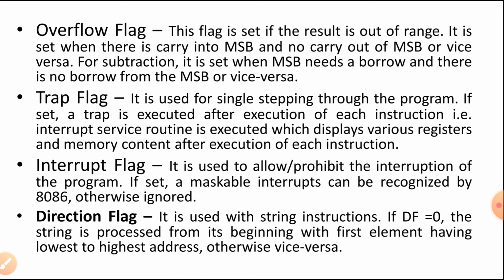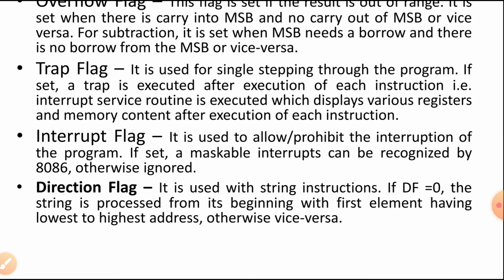This facility is given with the help of this flag. If it is set, a trap is executed after the execution of each instruction, and an interrupt service routine is executed, which displays various register and memory contents after the execution of each instruction. So, if the trap flag is set, the program executes step by step, and after every step it displays the result, either in the registers or in the memory content.